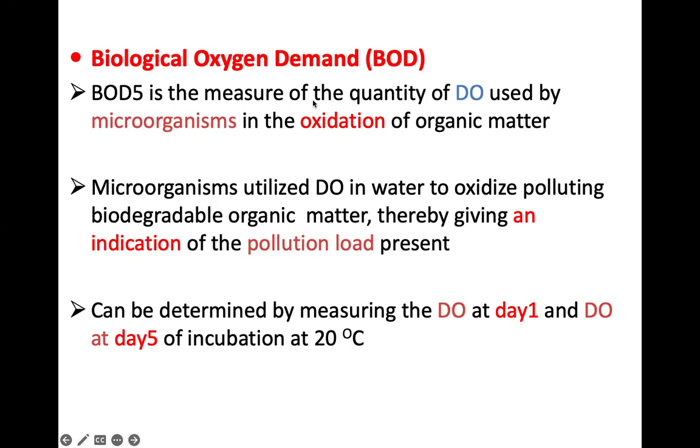We say it's the measure of the quantity of dissolved oxygen used by microorganisms in oxidation of organic matter. If you have wastewater and you believe microorganisms present in this wastewater can oxidize the organic content of the water, then the BOD must not be too high.